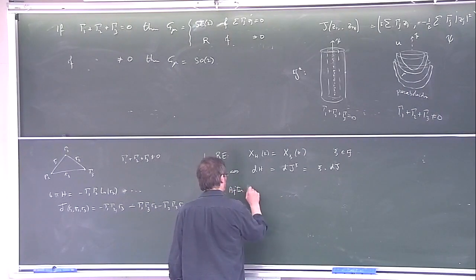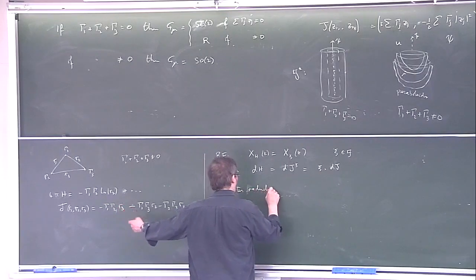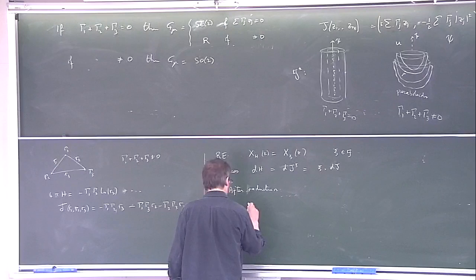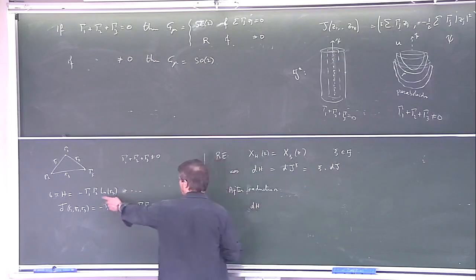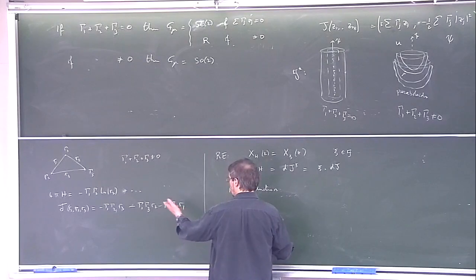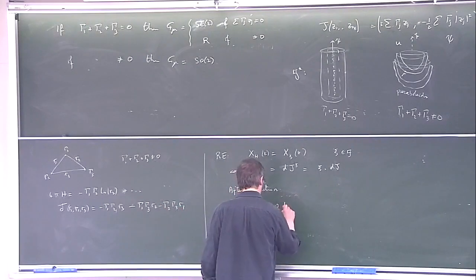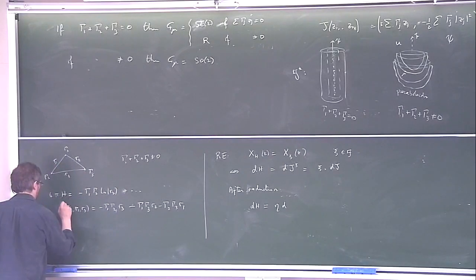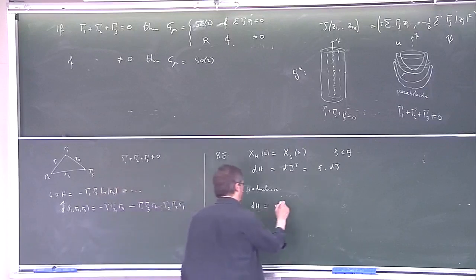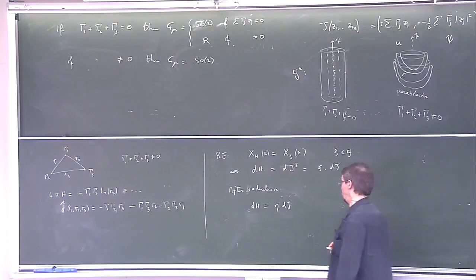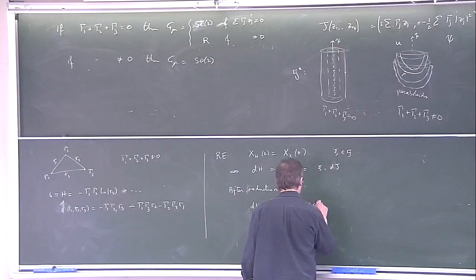So after reduction, we get dh, still given by the same expression, equals Lagrange multiplier. I'm going to use a different style j here. So still a Lagrange multiplier problem.